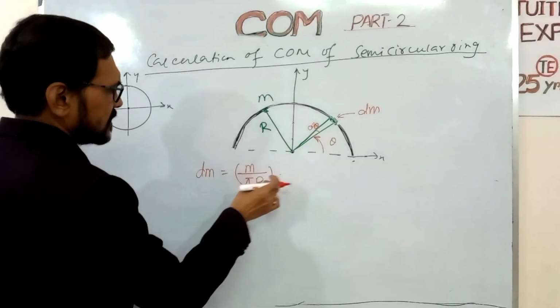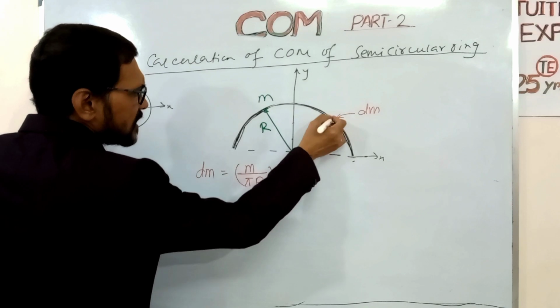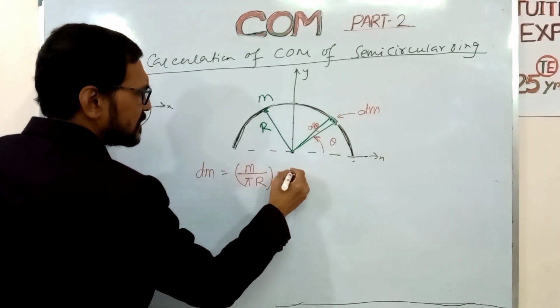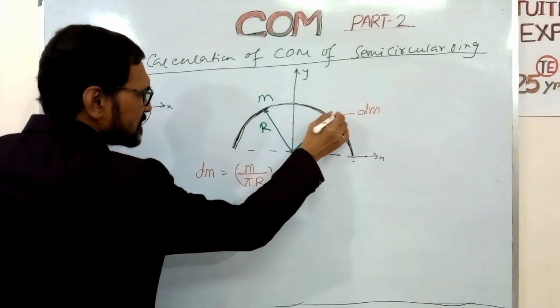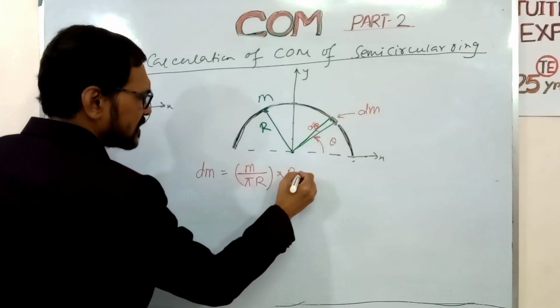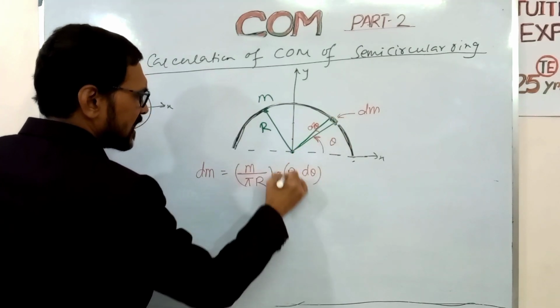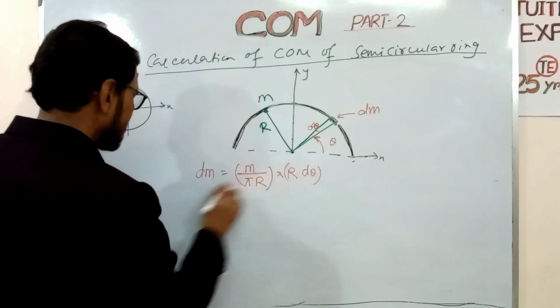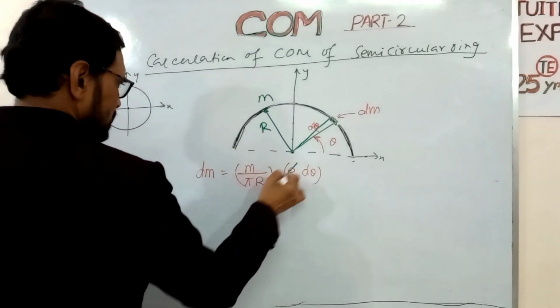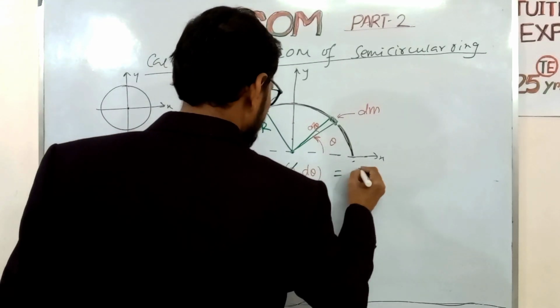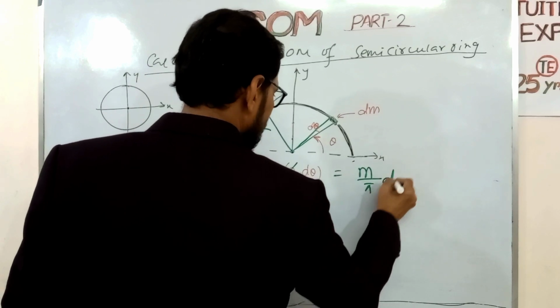What is the length of the element? It is an arc of the circle, whose length is r d theta. So r cancels, and the mass of the element will be m by pi into d theta.